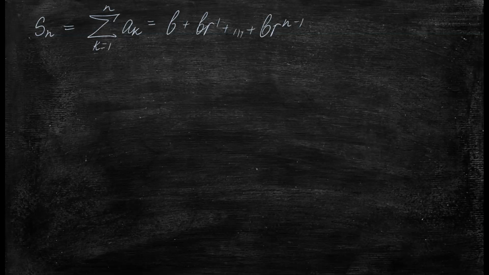The reason is because we're starting with the power of r being equal to 0. So from 0 to n minus 1 will give us exactly n terms. And now we can simplify this by factoring out b. If we factor out b, you're going to have this left.